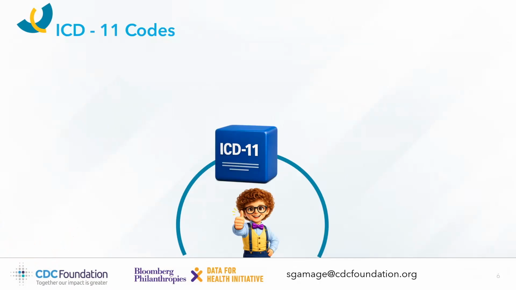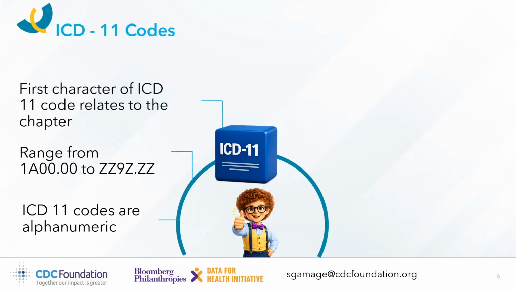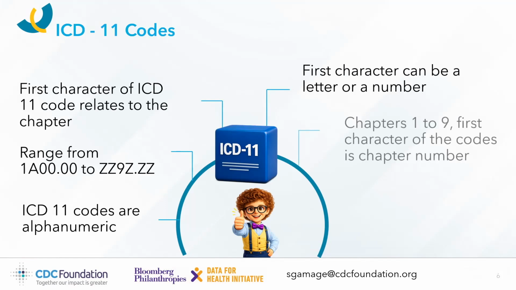Let's refresh our memory about ICD-11 codes. As you know, ICD-11 codes are alphanumeric. They range from 1A00.00 to ZZ9Z.ZZ. As you know, the first character of an ICD-11 code relates to the chapter. The first character can be a letter or a number. For chapters 1 to 9, the first character of the codes is the chapter number.